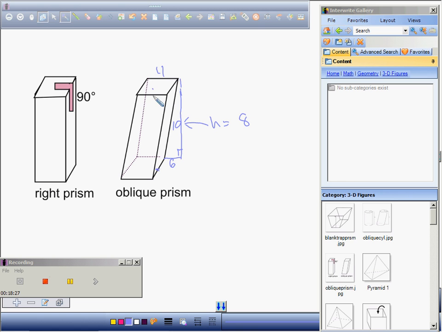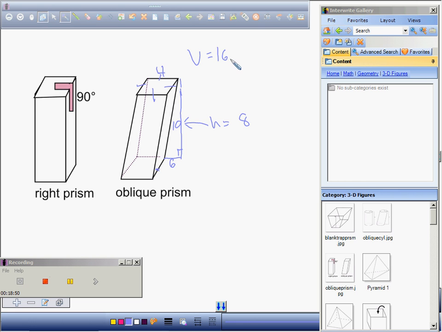And maybe this is a square-based oblique prism. So you could have a square-based oblique prism pushed over to the side with a height of 8. So the volume of this thing is equal to 16, which is the area of the base. What is that squiggle there? Oh, that's supposed to be a 4.